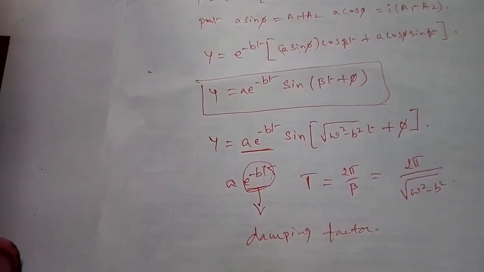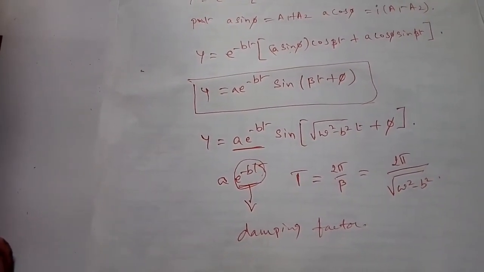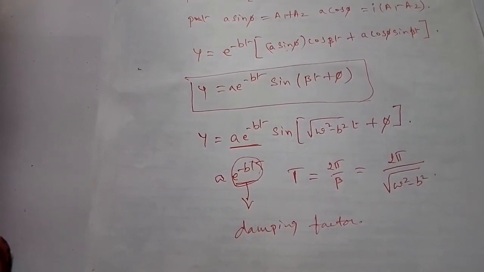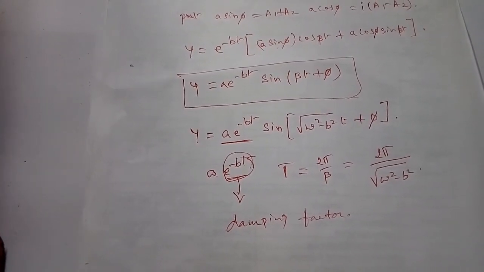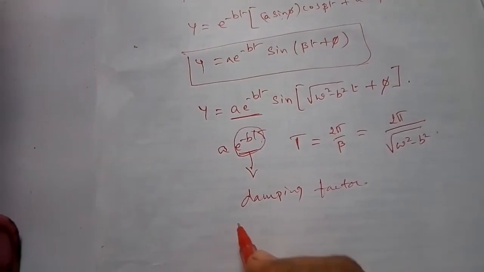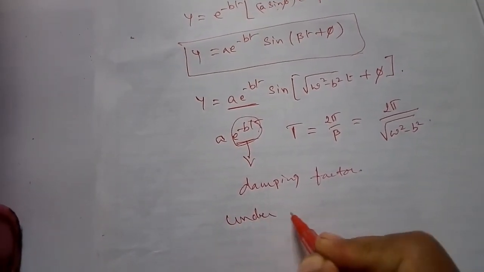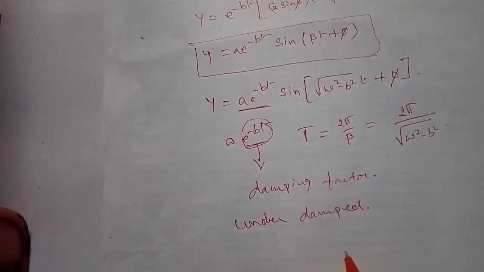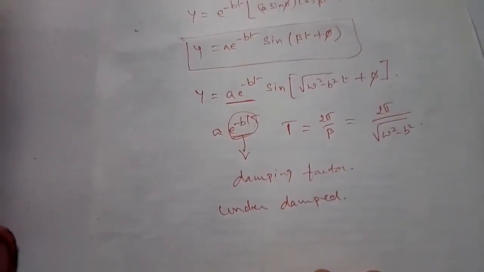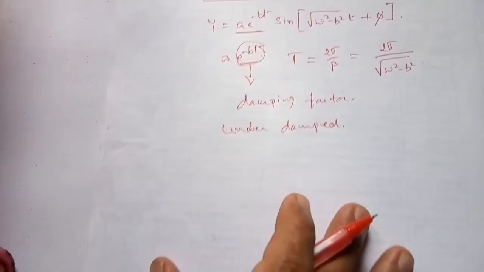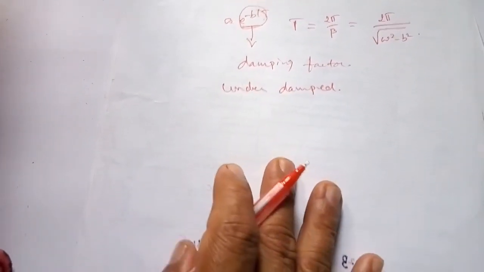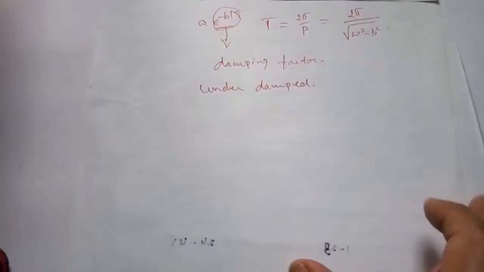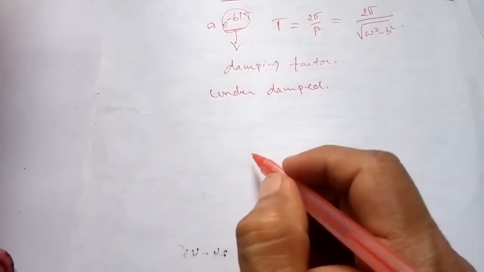So the decay of the amplitude depends on the damping coefficient b. This type of oscillation is known as underdamped. Examples are oscillation of a pendulum in air and oscillation in an electronic circuit, something like an LCR circuit.